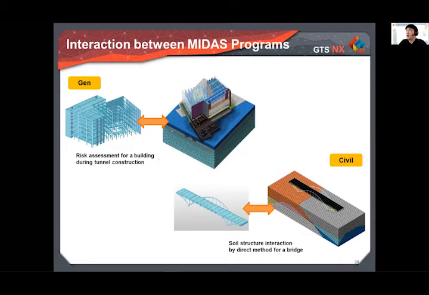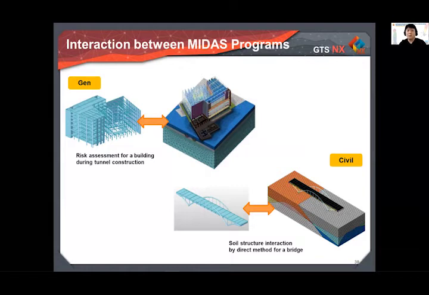In the first case, you can see on the left-hand side, this is the model from Midas Gen. As I mentioned, the whole model information can be exported into GTS NX, then you can simply create the ground modeling since the superstructure you have already imported from Midas Gen.